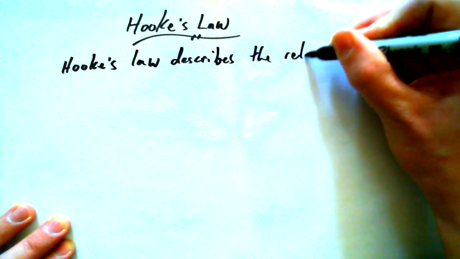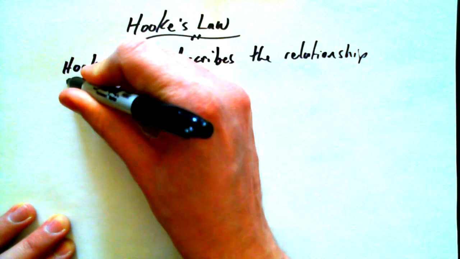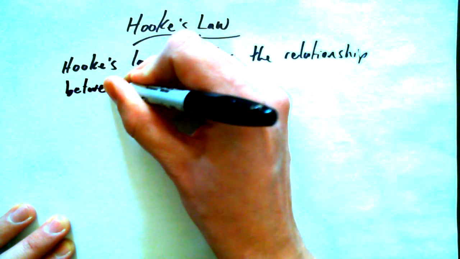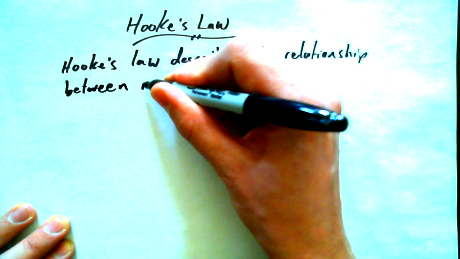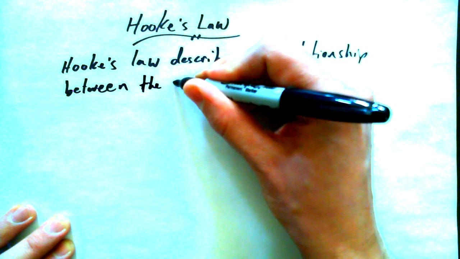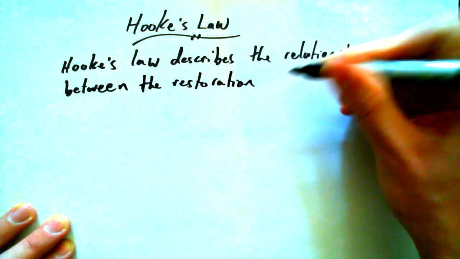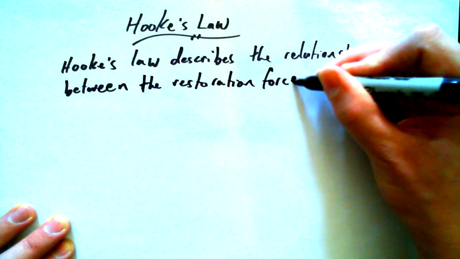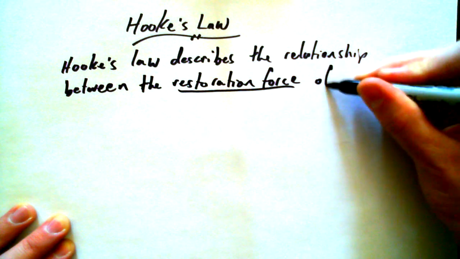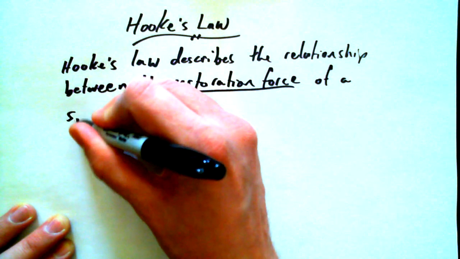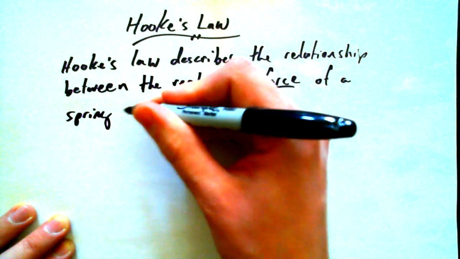the relationship between two variables. First variable is the restoration force of a spring, and the amount of length that it's distorted by.